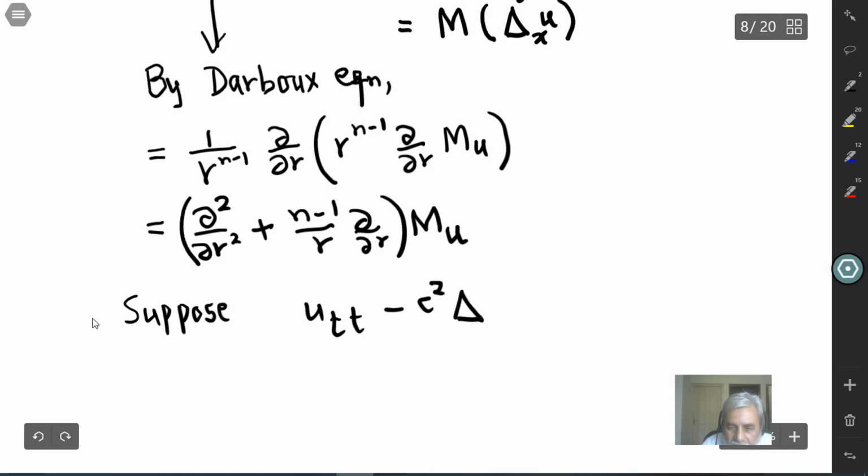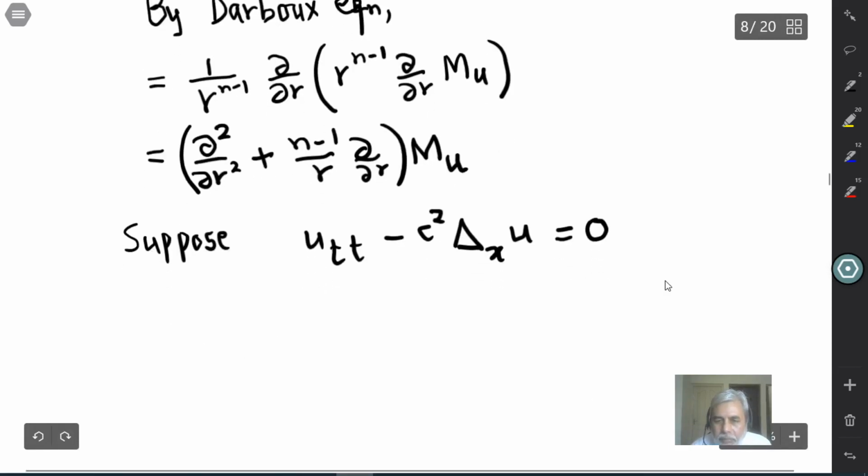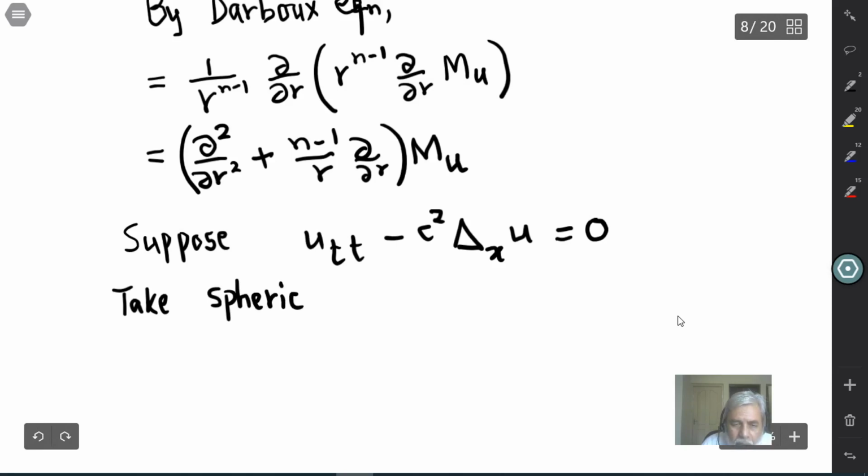Let me stress that the Laplacian dependence is only with respect to the x variables. And now you take the spherical mean on both sides of this entire thing. Since this is just an integral, it's a linear operator.